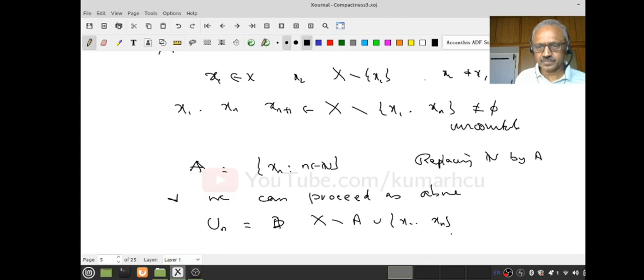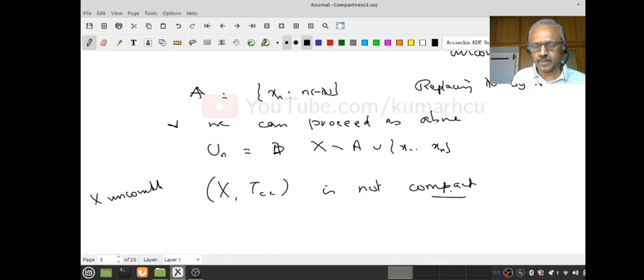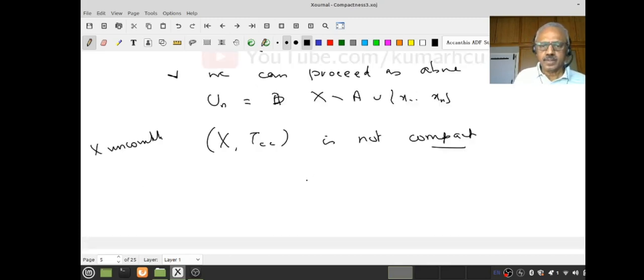That's it. So I leave it as an exercise. So therefore, X is uncountable, and this co-countable topology is not compact. Okay, pause, review, proceed.